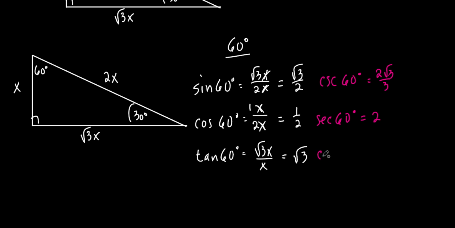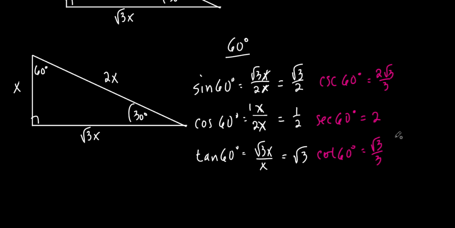So this would be the cotangent of 60 degrees. I flip this, so it's 1 over square root of 3. And if you rationalize the denominator, you get square root of 3 over 3. And there you go. There are your trig ratios with those special triangles. And those special triangles show up quite a bit. All right?